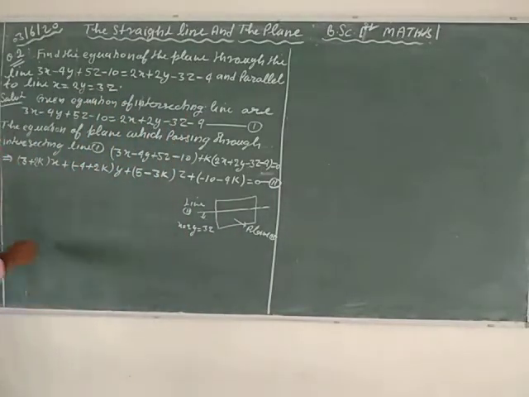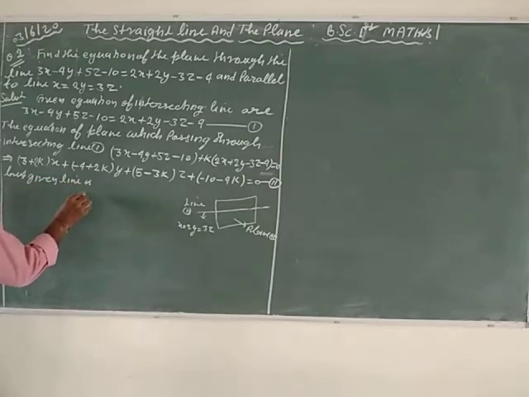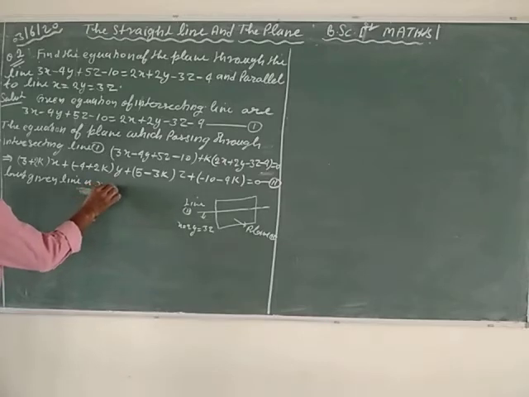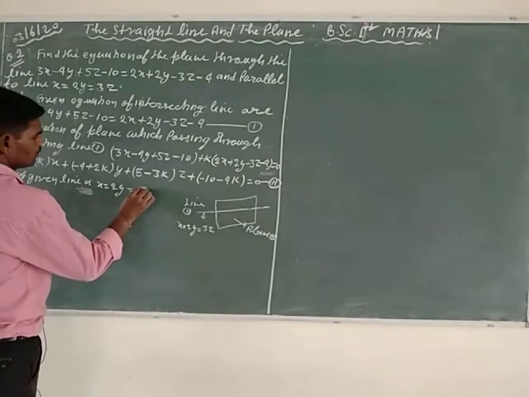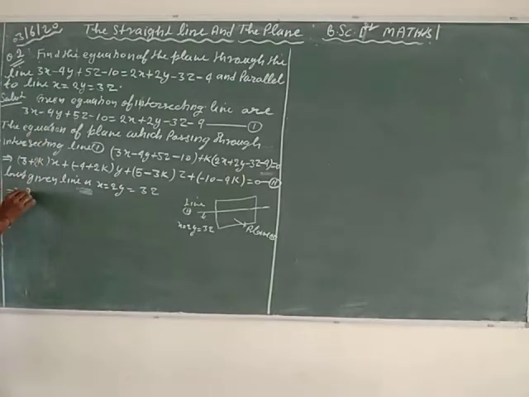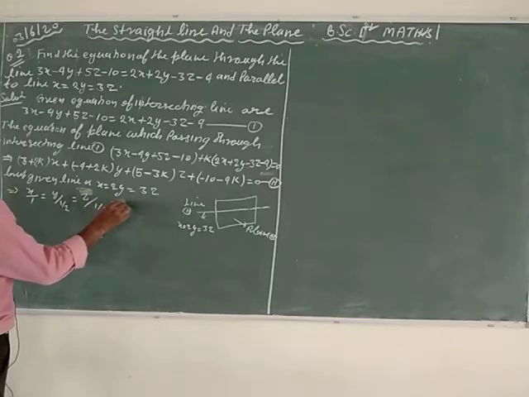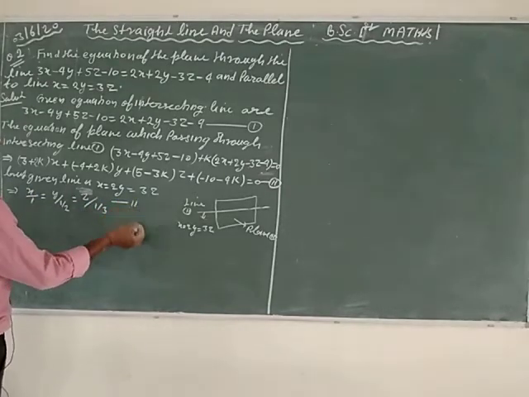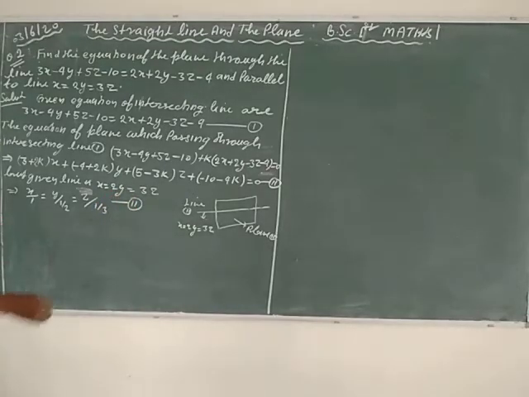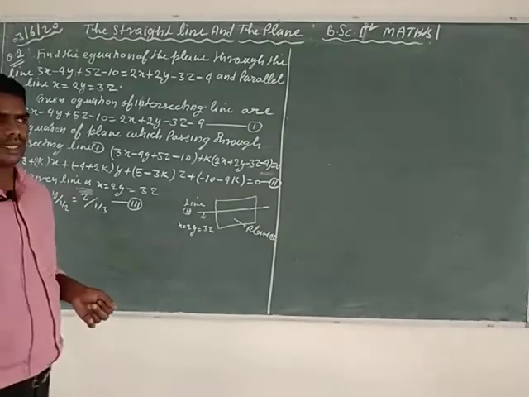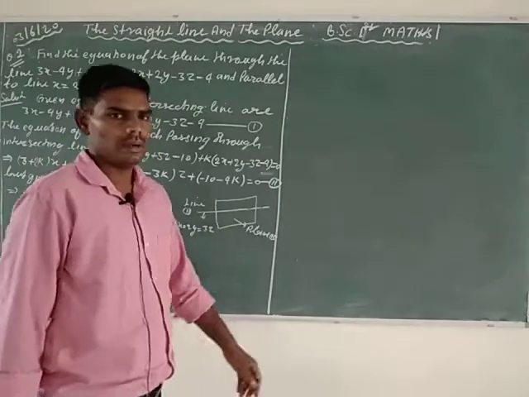The given line x is equal to 2y is equal to 3z is written in symmetrical form, that is x by 1, y by 1 by 2 and z by 1 by 3, represented by equation third. So equation third is the equation of the symmetrical line and equation second is the equation of the plane.